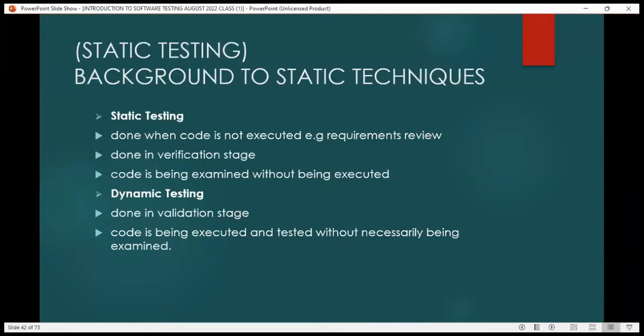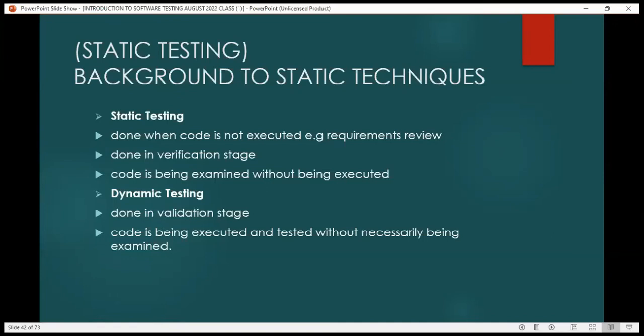Now, I'm still continuing with types of testing. In this phase now, we are diving into the next level of it. In this form of testing, we've got static testing.